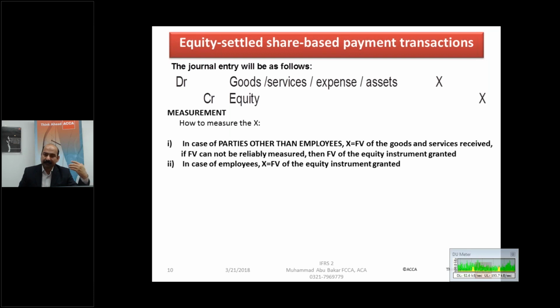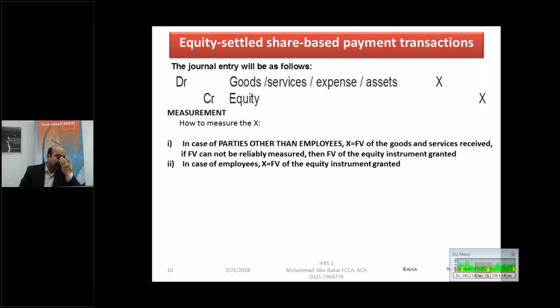Though subjectivity could be there in case of suppliers, the level of subjectivity is higher in case of employees. So that's why the standard recommended that the starting point for measurement of the amount should be the equity. You will be calculating the fair value of the equity instrument granted. This will become the X.